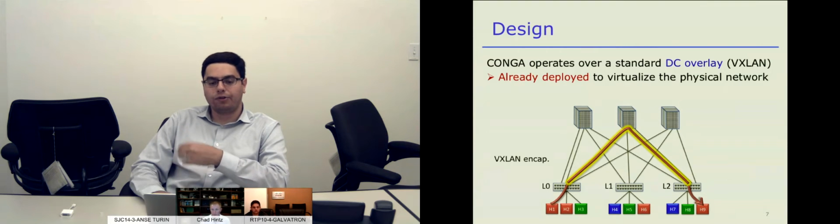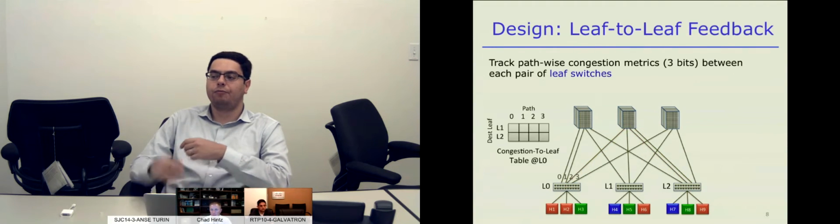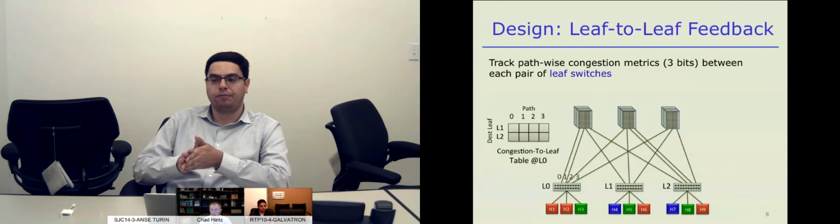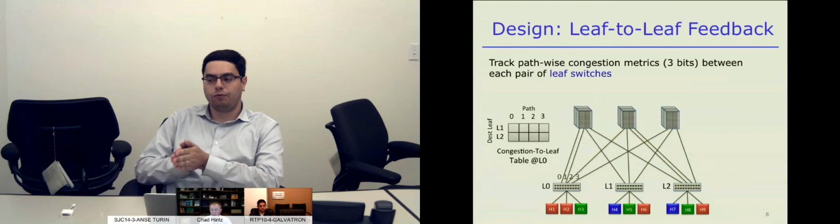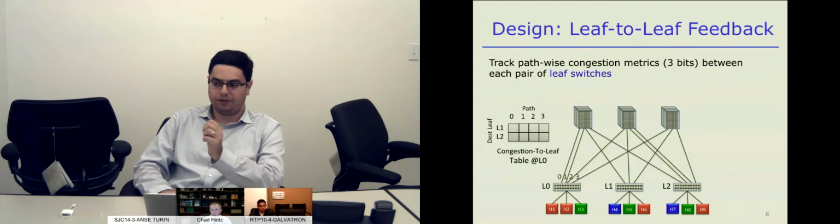And in CONGA, we leverage this overlay to implement this leaf-to-leaf feedback mechanism. Basically, the way it works is, remember, we're trying to track this per-path congestion metric between the leaf switches. So every leaf switch will maintain a table. It's called the congestion-to-leaf table.